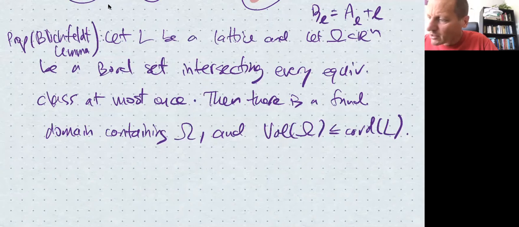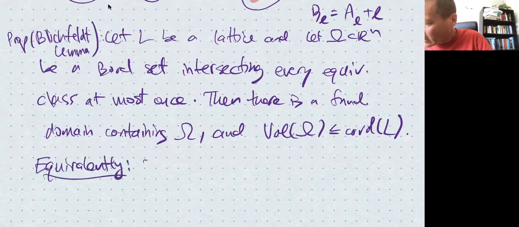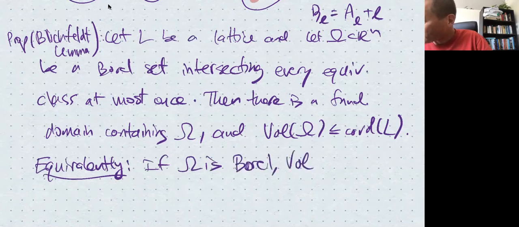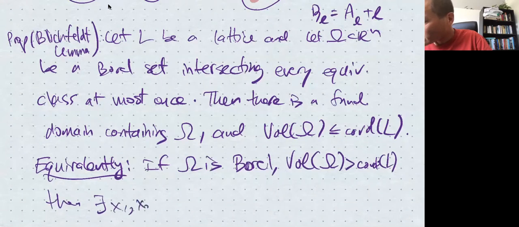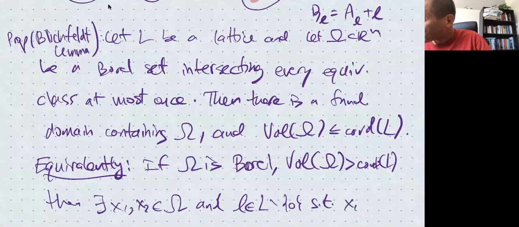I'll write that down even though it's trivial. Equivalently, if omega is Borel and its volume is bigger than the co-volume of L, then there exist x1, x2 in omega, and l in L, not zero, such that x1 minus x2 equals l.